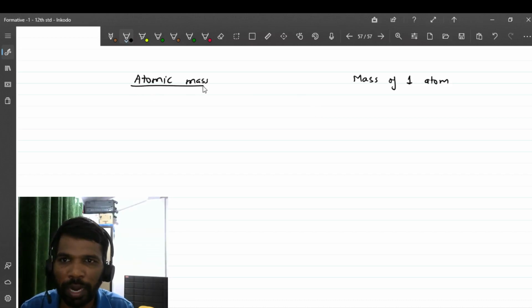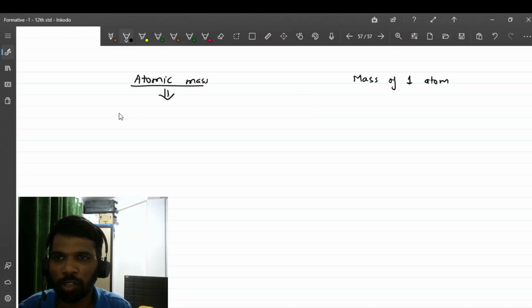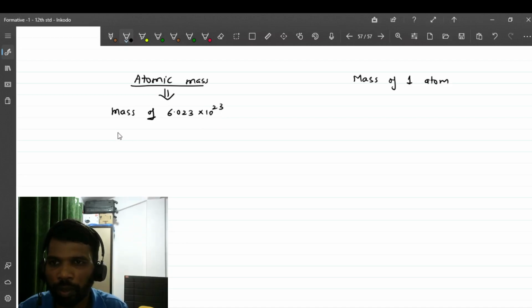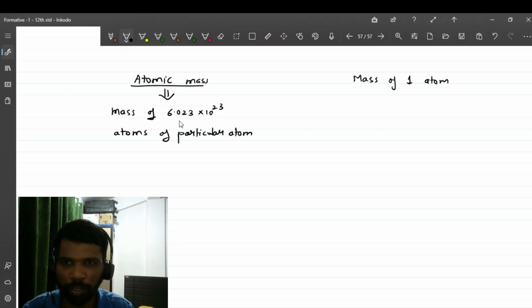Atomic mass, by definition, what I will say is that it is the mass of 6.023 into 10 raised to power 23 atoms of a particular atom. Mass of these many atoms.